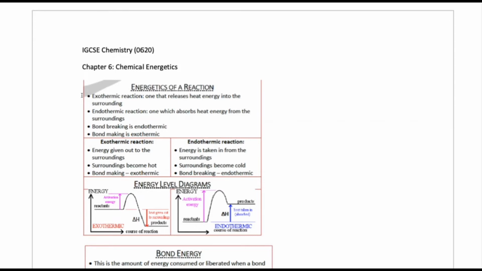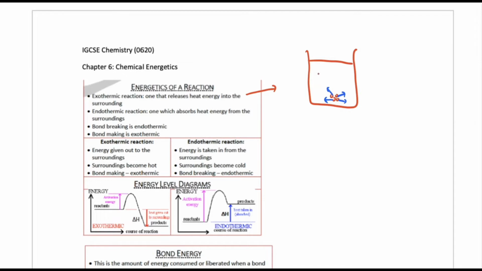Okay, so I draw pictures to let you imagine. So it's something like this. If you have a container, the chemicals are in the solution, let's say. So exothermic is where the heat is released to the surroundings. The heat is released from the chemicals to the surroundings.